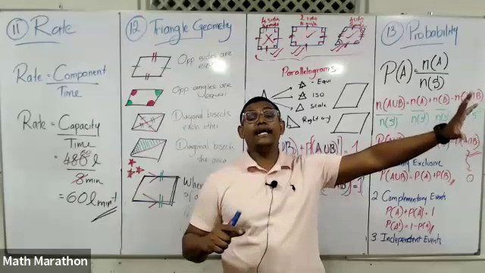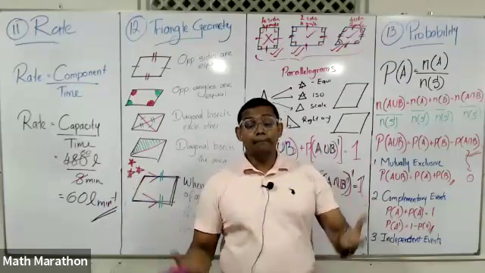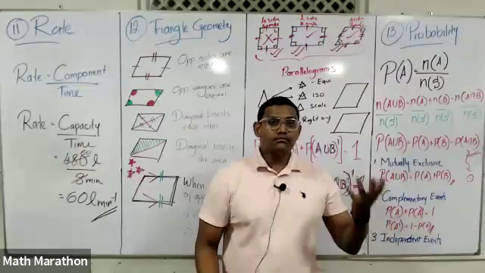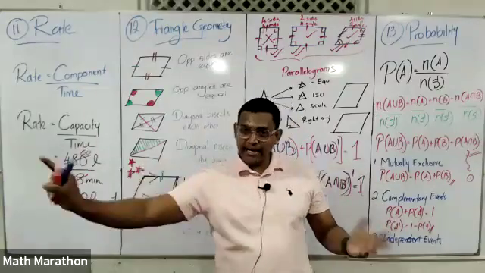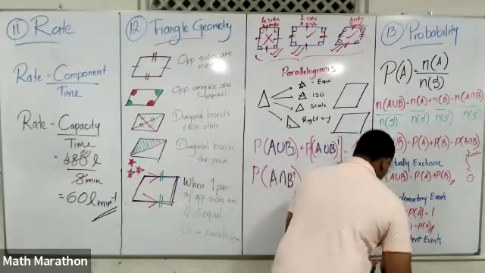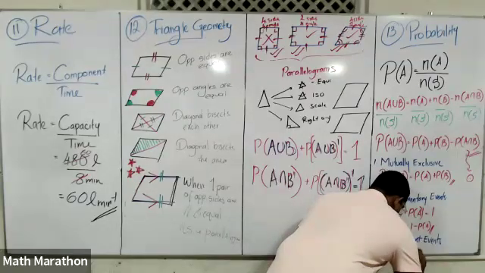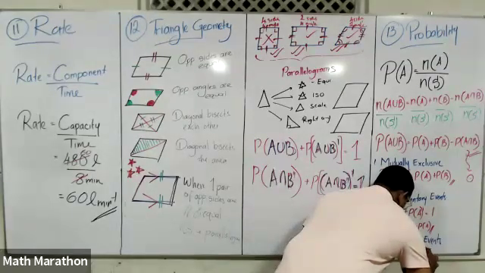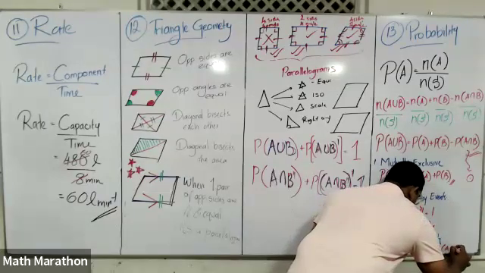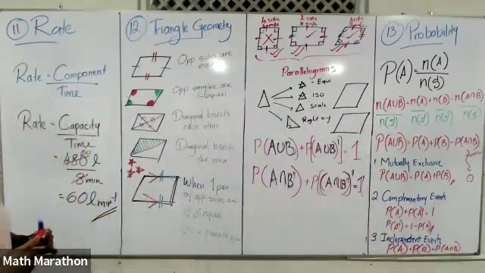That is called independent events, when one thing does not impact the other one. Clear? Good. So when I talk about independent events, the main formula I have is probability of A multiplied by probability of B equals probability of A intersection B. That is what we have.